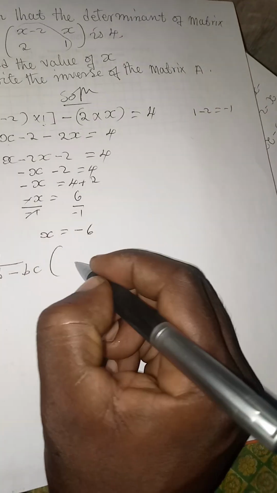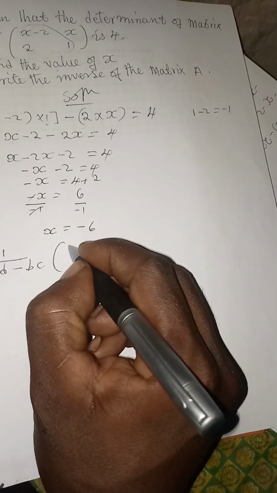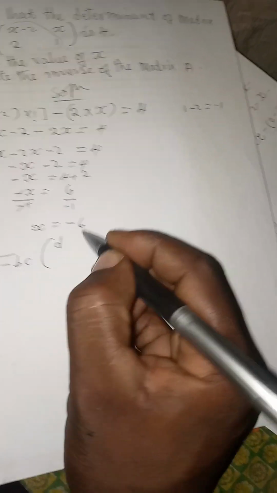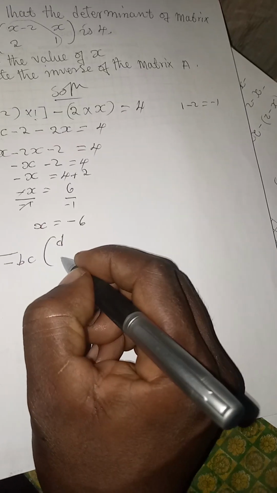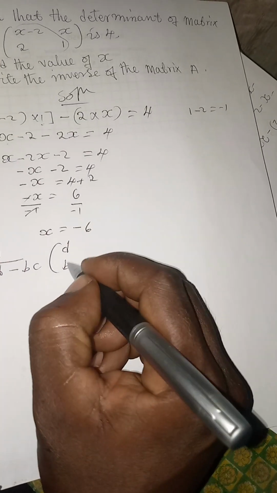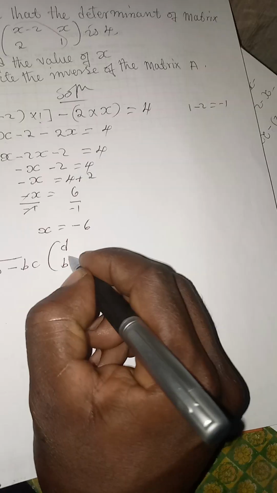Then here I've got D, and here I've got B. Here we've got C.